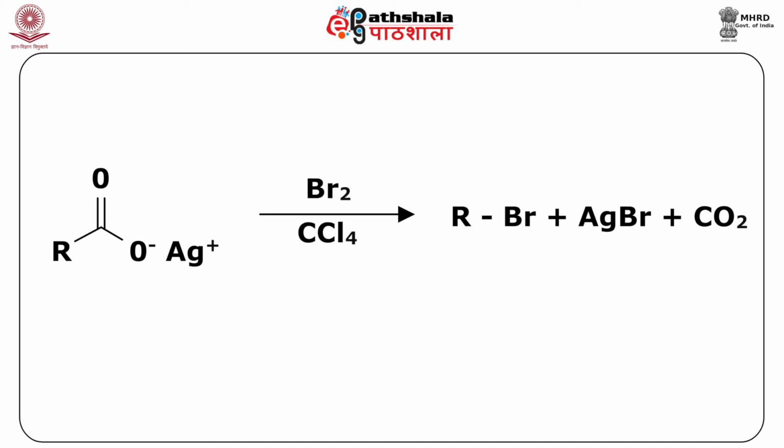In this reaction, homolysis of the carbon-carbon bond takes place and it follows the radical chain mechanism. As can be seen, the silver salt of the carboxylic acid in the presence of bromine in CCl4 leads to the formation of RBr, HBr and carbon dioxide.